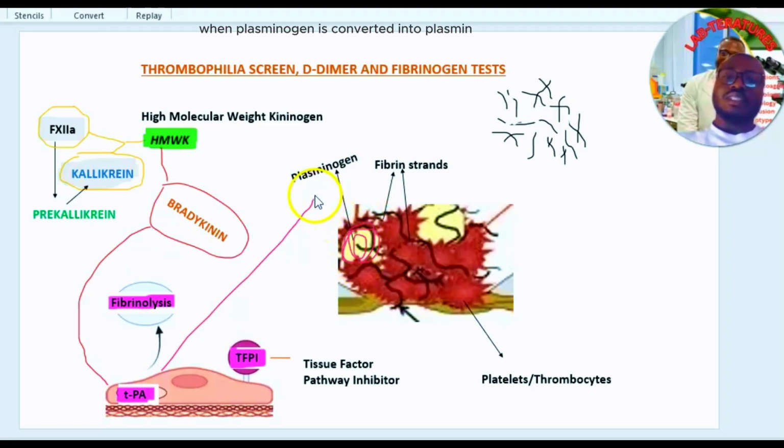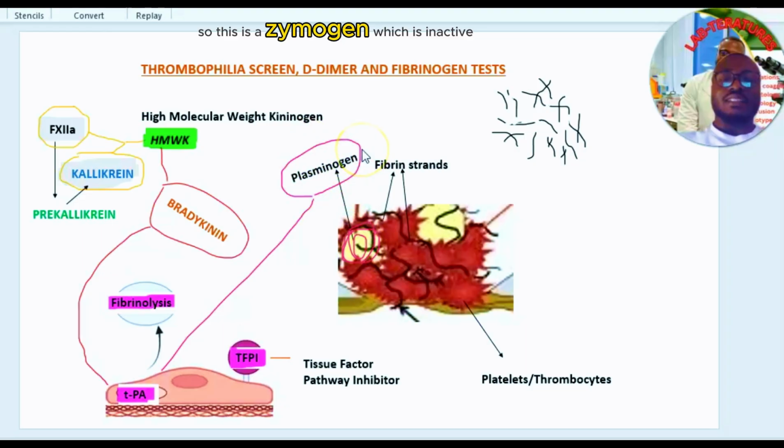Plasminogen is converted into plasmin, which is the active form of plasminogen. So this is a zymogen, which is inactive, and this is the active form called plasmin. Now, the plasmin is able to break down the interwinding strands of fibrin so that this clot can dissolve.